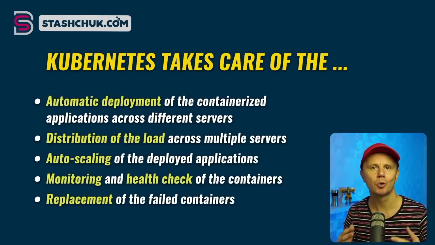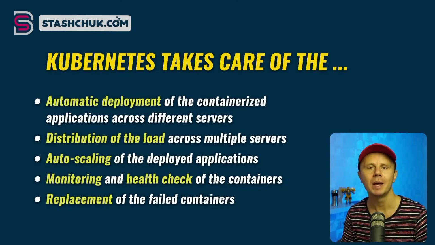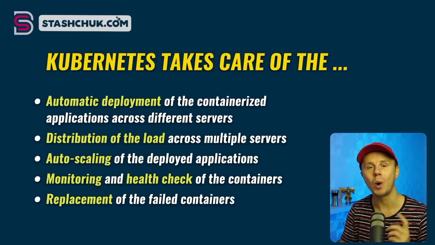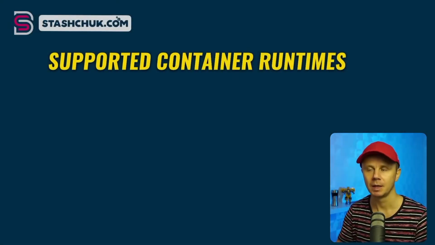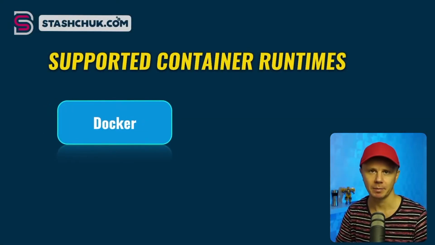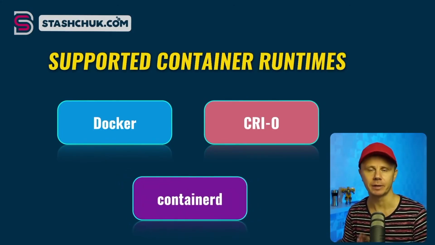As I just told you, Kubernetes deploys containerized applications, and therefore it has to use a specific container runtime. And Docker is just one of the possible options. Kubernetes nowadays supports these container runtimes: Docker, CRI-O, and Containerd.